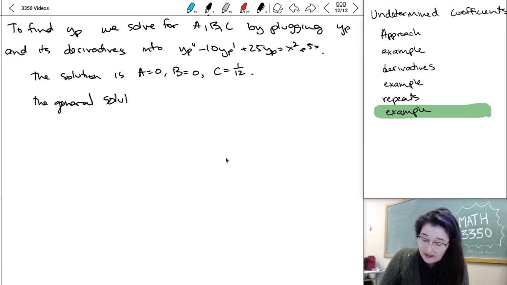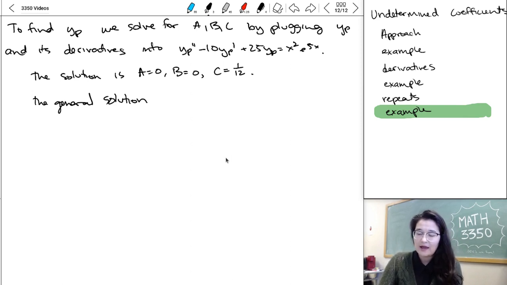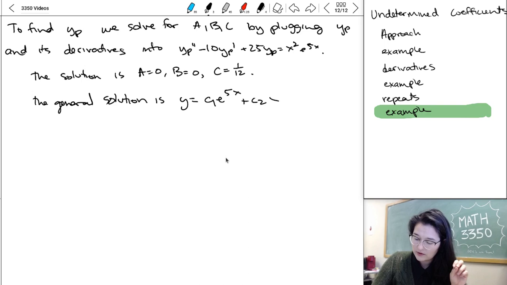And then to finish out this type of problem, remember, you're going to do algebra for like 20 minutes right there. So always remember that at the end, you need to give me the general solution, which is y equal to c1 y1 plus c2 y2 plus y sub p, which from the coefficients I just gave you would be 1/12 x to 4th e to 5x.